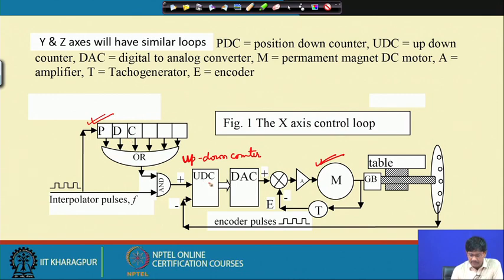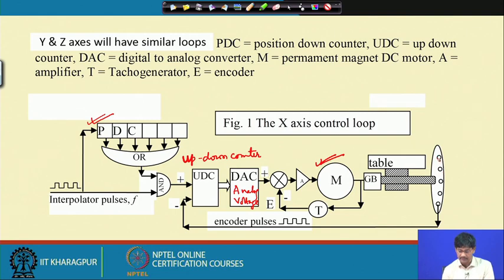Through the up down counter to a digital to analog converter and then an analog comparator, we will go through all these when we solve the numerical problem, and then through an amplifier it reaches the motor. So, motor is not getting pulses now, but it is getting an analog voltage. Why? This is digital to analog converter. Whatever number is getting accumulated here is converted to an analog voltage, and that is ultimately sent to the motor. So, motor gets the voltage, and accordingly it develops the speed and it moves the table.